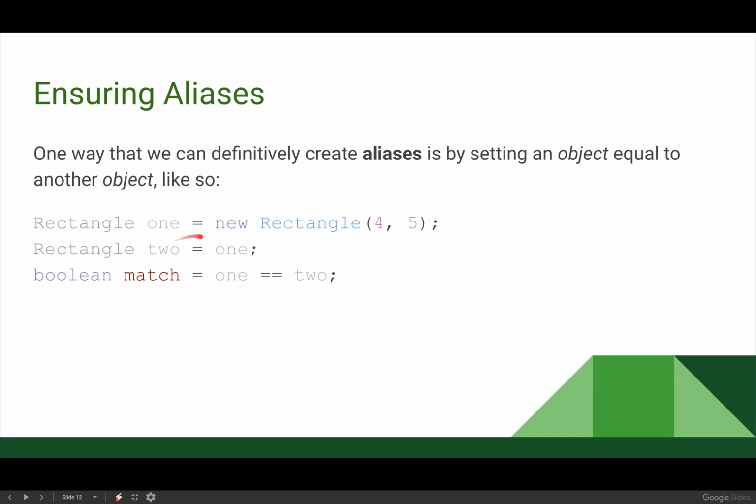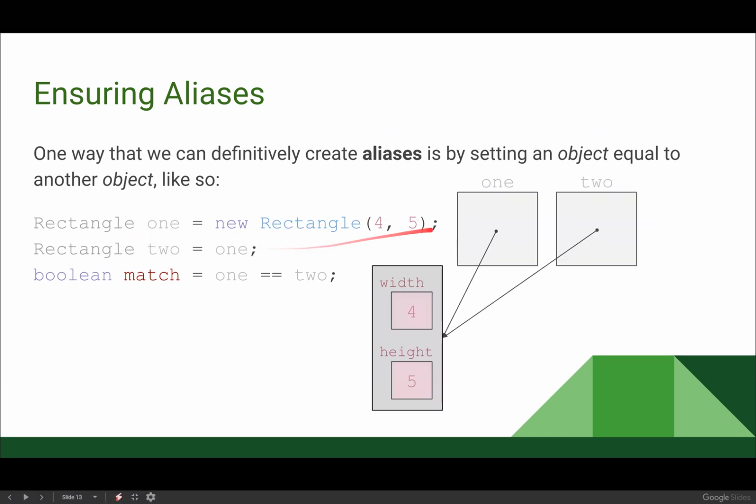And if I say rectangle2 equals rectangle1, I've got my two rectangle objects, and they're both going to point towards that same exact piece of object data. So if I were to change the contents of 1, the contents within 2 would also change because they're looking at the same thing. They're referencing the same object. Does that make sense?